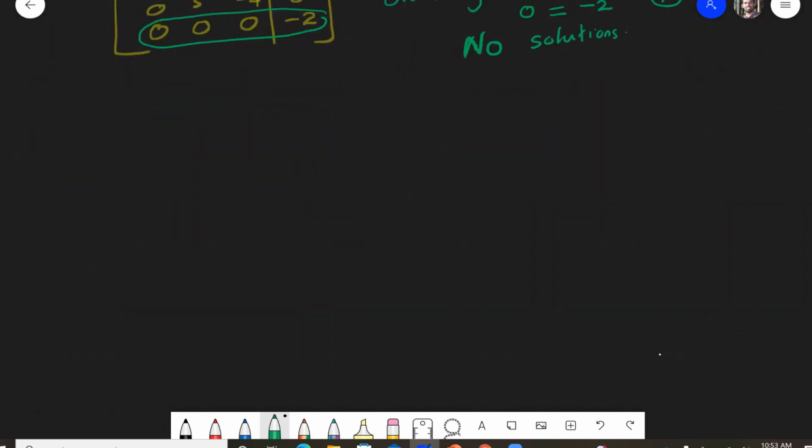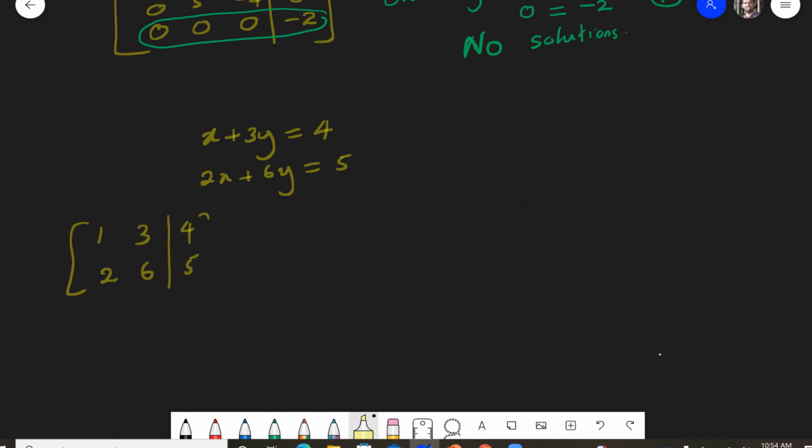Now, let's take a 2 by 2 example, then it's easy to understand in this case. So let's say x plus 3y equals 4 and 2x plus 6y equals 5. Now 1, 3, 2, 6, 4, 5, right? Let's do row operations.